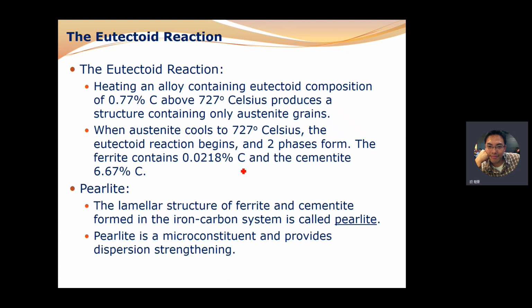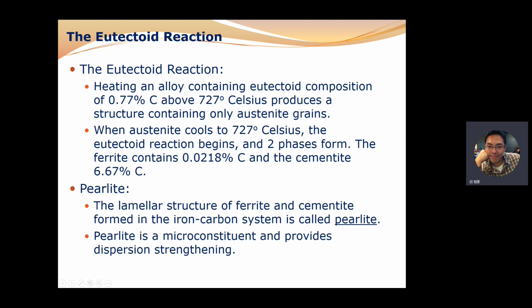Okay, so the eutectoid reaction. What's the eutectoid reaction in this iron carbon system? Heating an alloy containing the eutectoid composition of 0.77 weight% of carbon above 727 Celsius produces a structure containing only austenite grains.